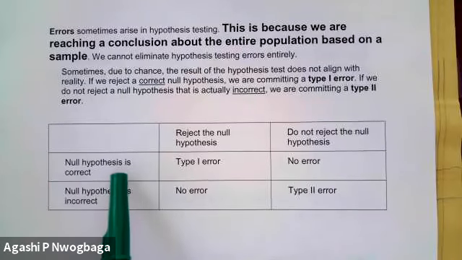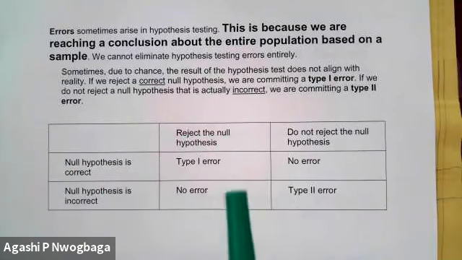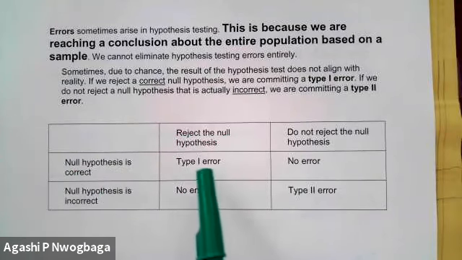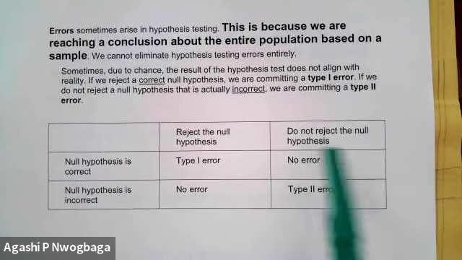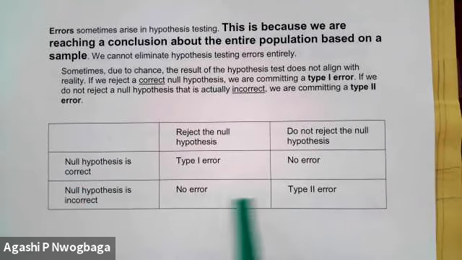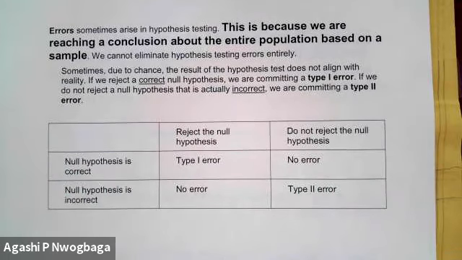When the null hypothesis is correct and we reject the null hypothesis, that is a type 1 error. When the null hypothesis is incorrect and we do not reject the null hypothesis, that is a type 2 error. In these other cases, of course, there is no error.